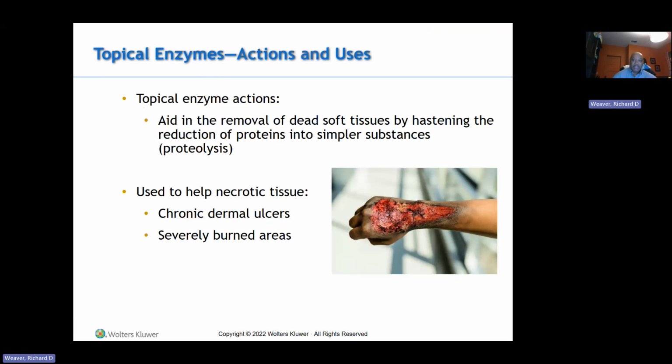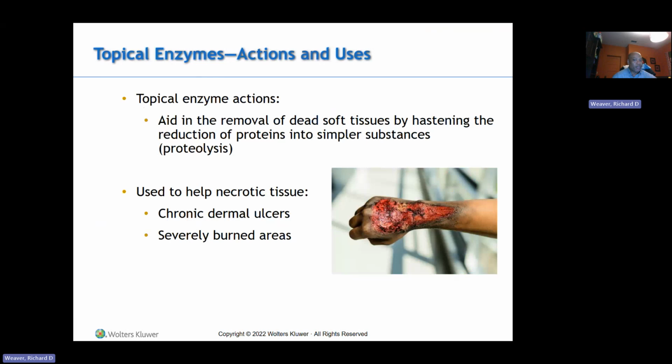As long as the dead tissue is in that wound bed, on the wound itself, it won't heal very well. So these enzymes do aid in the removal of dead soft tissue by hastening the reduction of proteins into simpler substances. And so it breaks down the skin protein, all right? The skin is made of proteins.